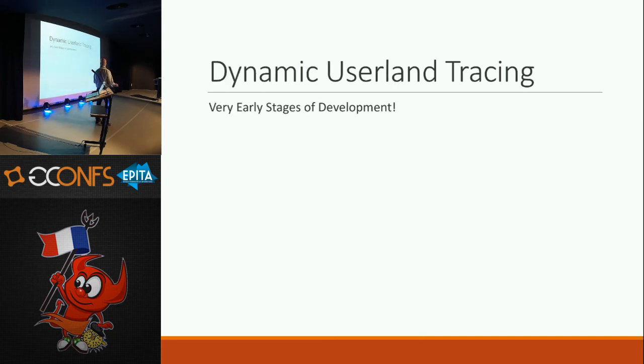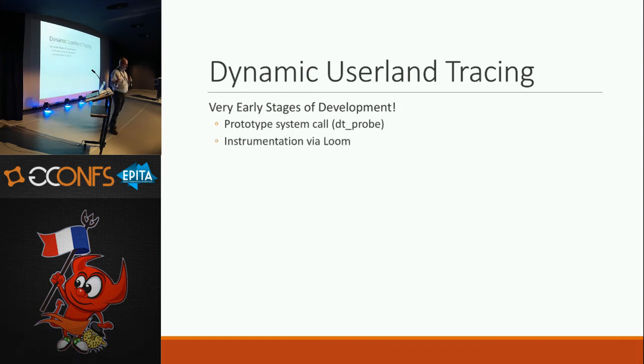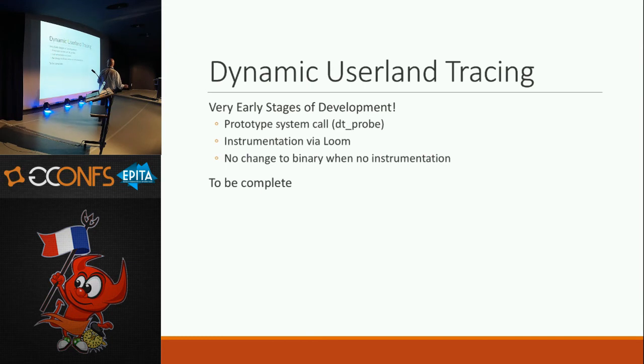We're currently working on this. We have a prototype system called DTprobe because we want to be able to call probes from a user space program. So we added a new system call that is not in FreeBSD yet. But this is used by the Loom system to do instrumentation. There's no change to the binary when there's no instrumentation. Some testing and provider generation remain.